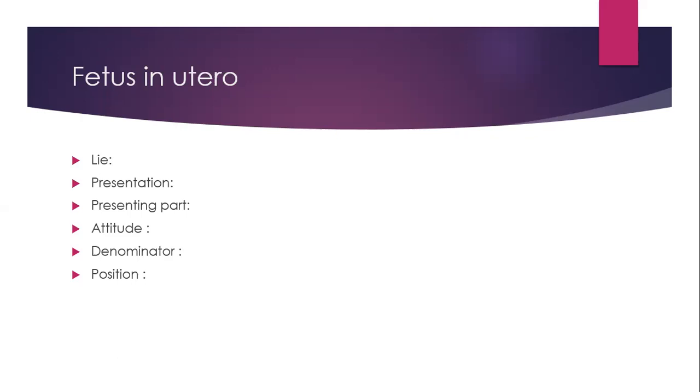I hope it's clear. For cephalic presentation, we have vertex, brow and face as presenting parts. For breech presentations, the leg, footling and frank breech are the presenting parts.